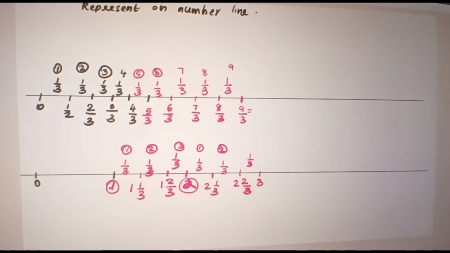If you add the tenth 1/3, it gives you 10 over 3, that means 3 wholes and 1/3. Now we are adding another 1/3, that is the eleventh 1/3, and it will change into 11 over 3, so 3 wholes and 2 over 3.